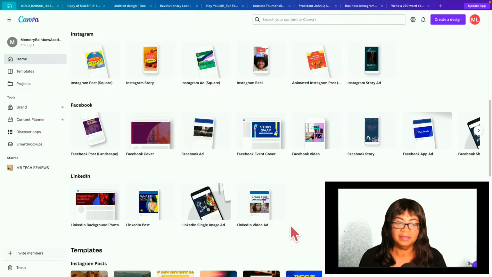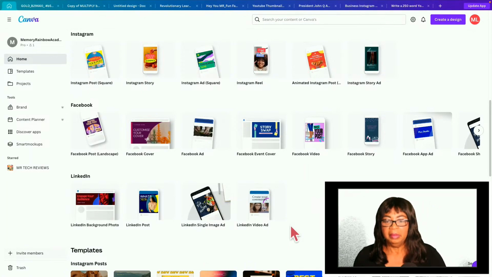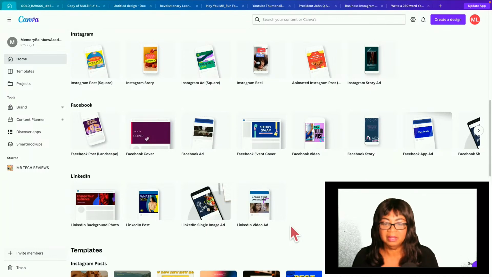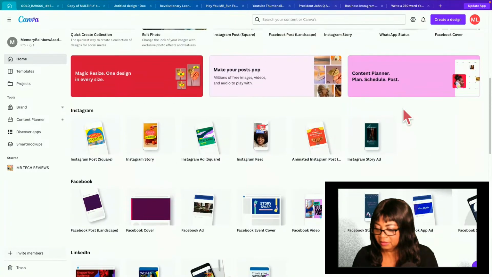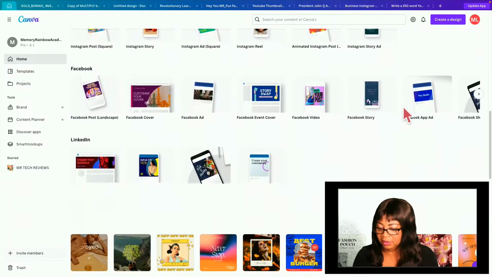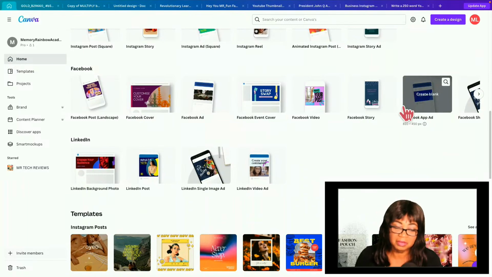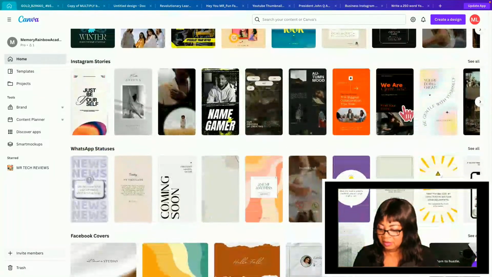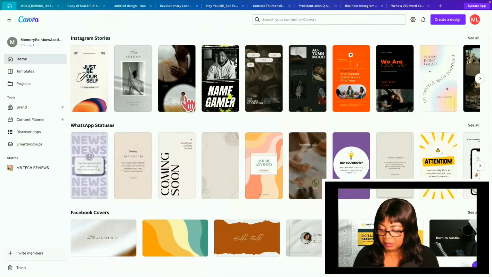You have to change everything, or you should change them, but it's sometimes just a little oomph when you don't have an idea, you're not sure where to start. You can take a look at them and then modify it, change the words. You can even swap out the images. So by the time you're done, it doesn't even look like what was there in the first place. So that's really cool.